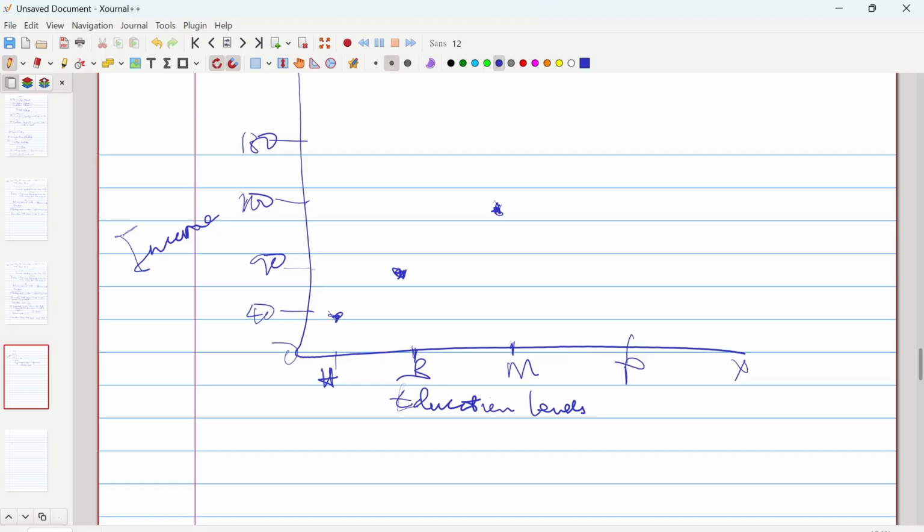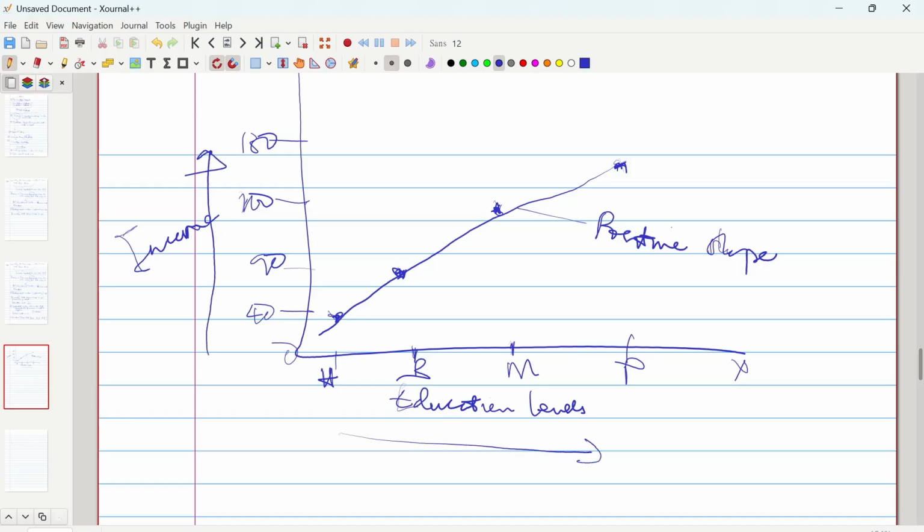If the person has a PhD, on average, we can hypothesize that the person is paid $130 per day. Now we can draw a line between these points. What we have here is a positive slope. Basically, we can easily see that as educational levels increase, income levels increase as well.